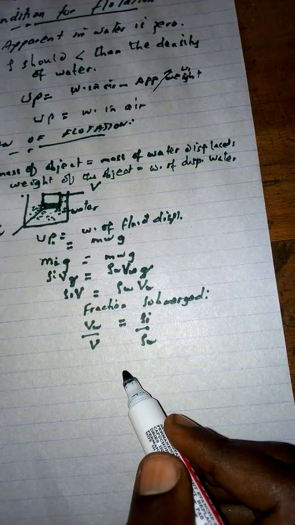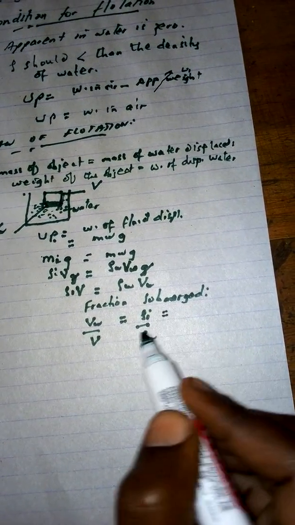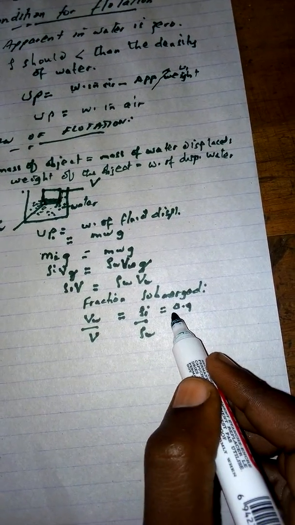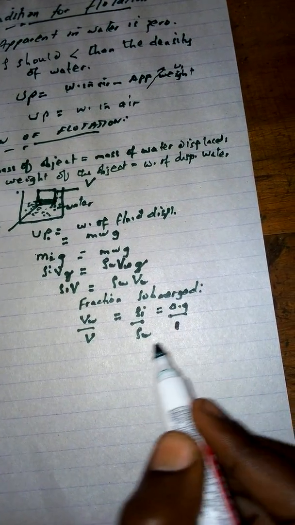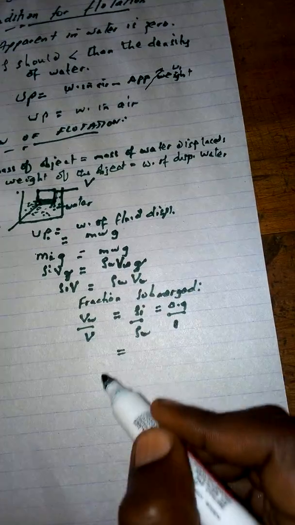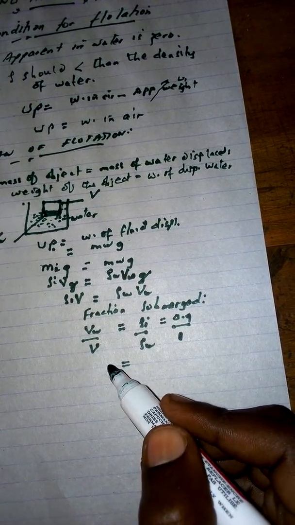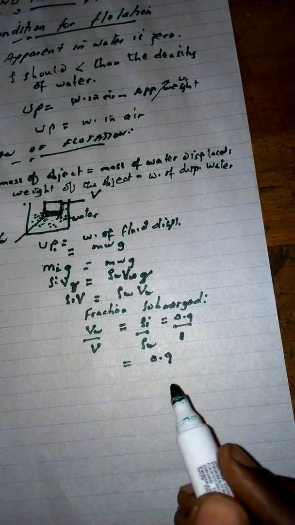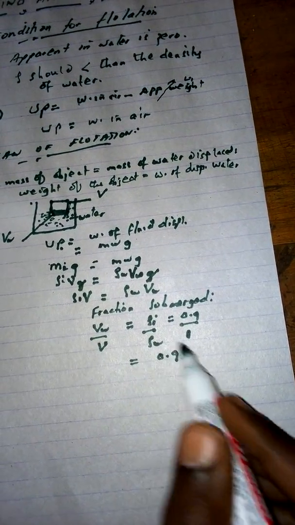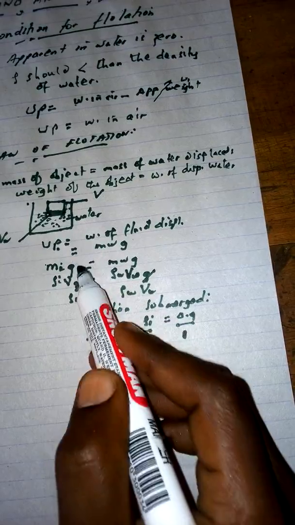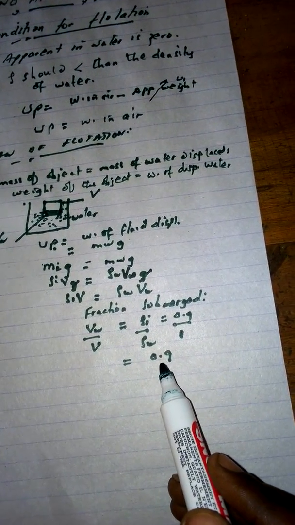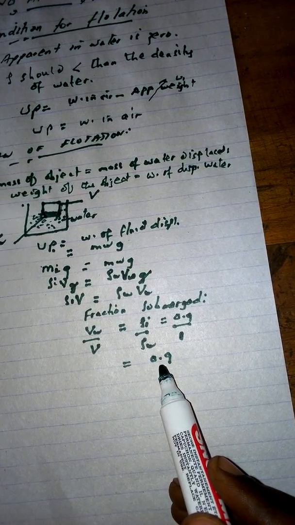All right? Okay. So for instance, the density of ice is 0.9 and the density of water is 1. So you can calculate the fraction which is below the water surface as 0.9. So the fraction which is below the water surface will be 0.9.